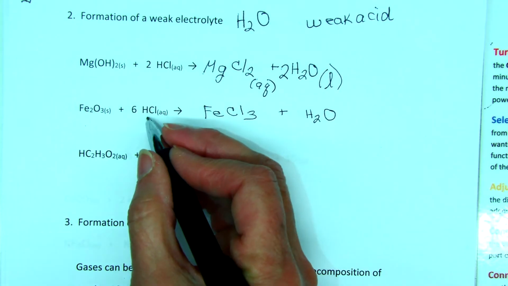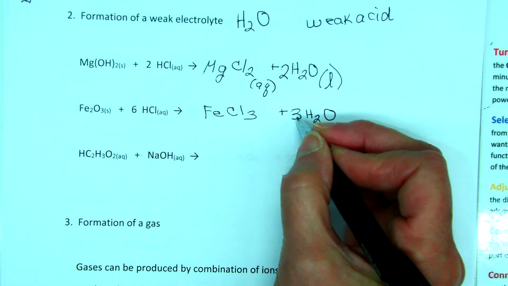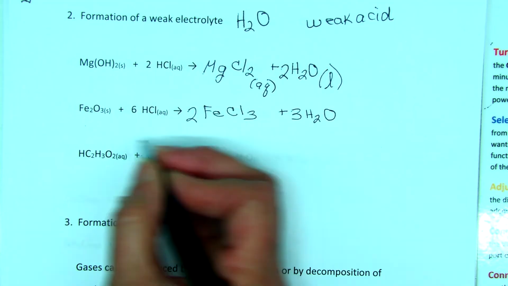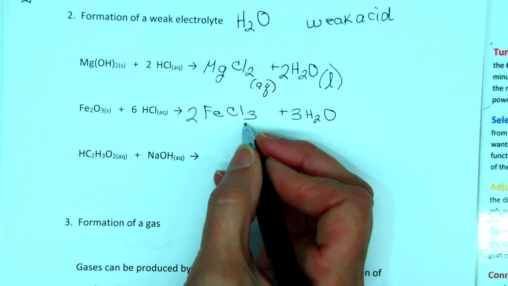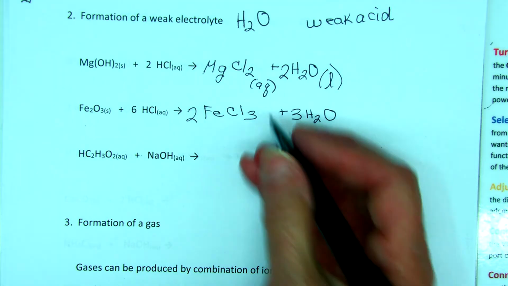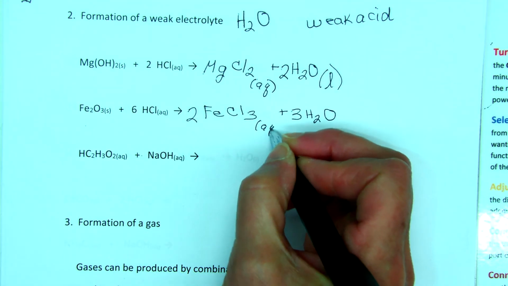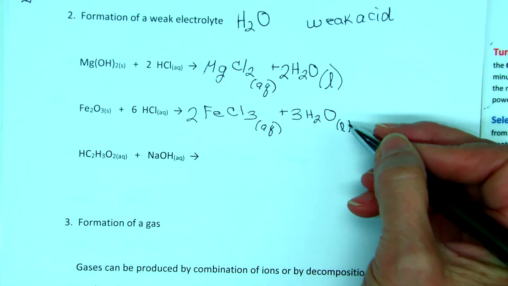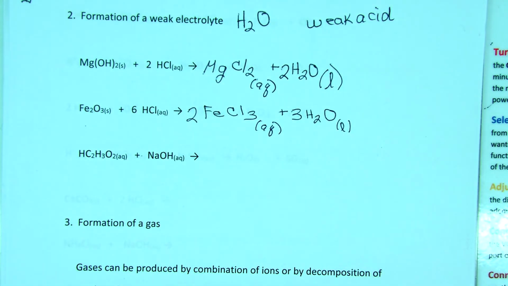I had 6 in here to help us, so I make 3 waters, and I need 2 iron 3 chloride to make both the iron and the chlorine balance. Now we add in our subscripts. What subscript do I use for iron 3 chloride, class? Aqueous. And what for water? Liquid. So I made the same weak electrolyte, water.